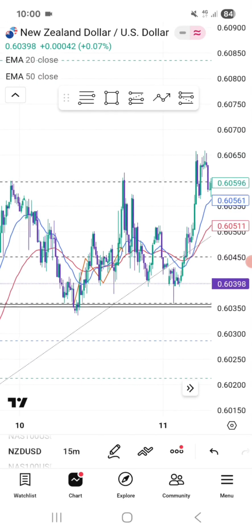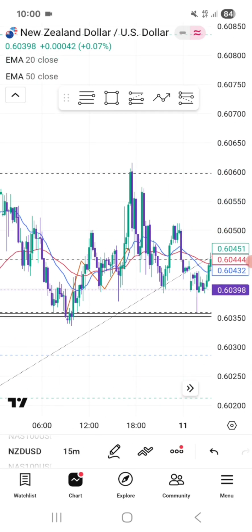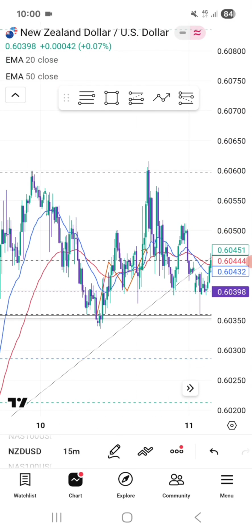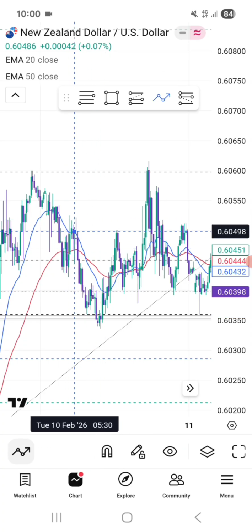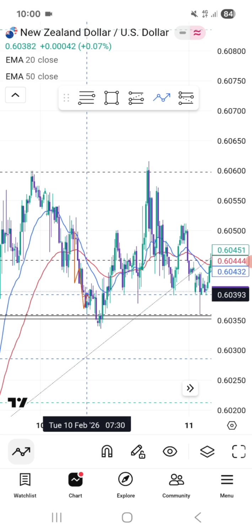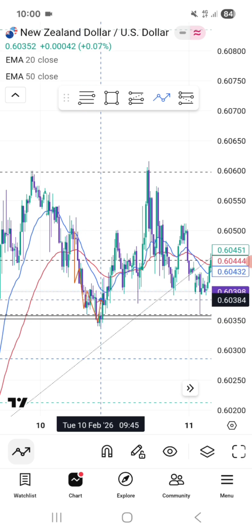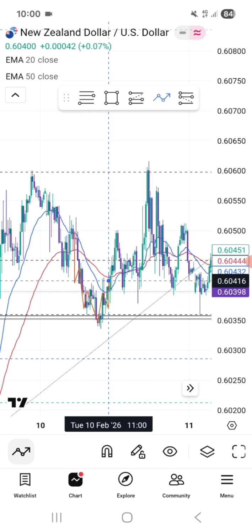So on the 15-minute time frame, we can clearly see that market structure has been shifted from having lower highs and lower lows, to higher highs and higher lows.